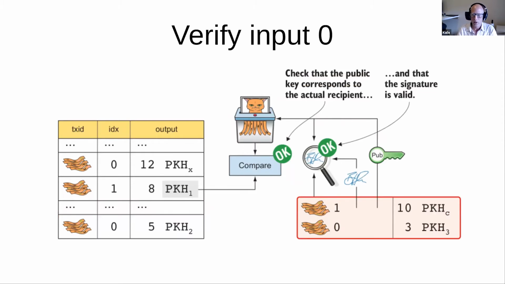So let's have a look at how Lisa would verify the first input now. She has this UTXO set here, and she takes the first input and looks up the corresponding output in her UTXO set.